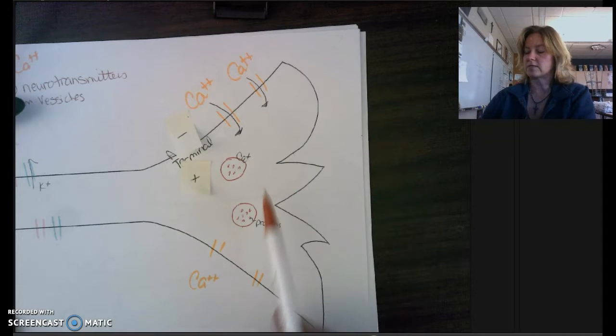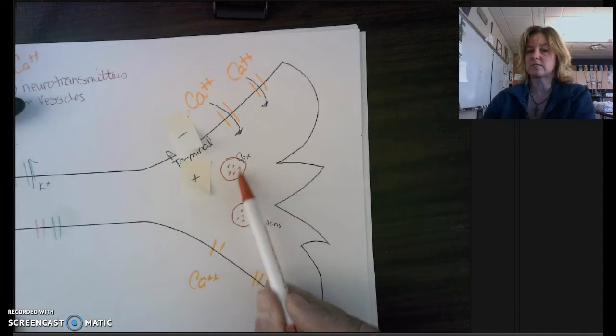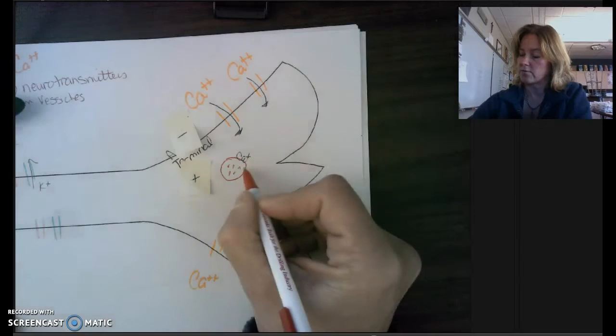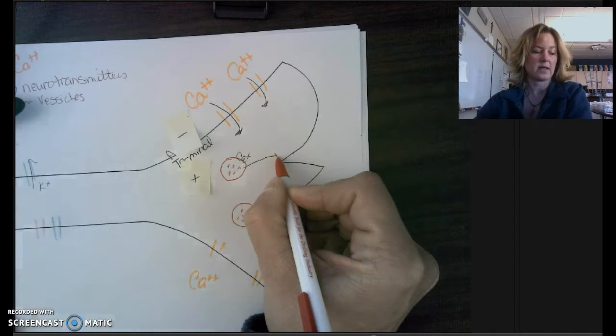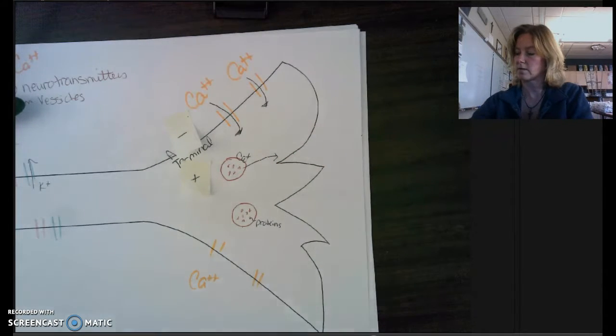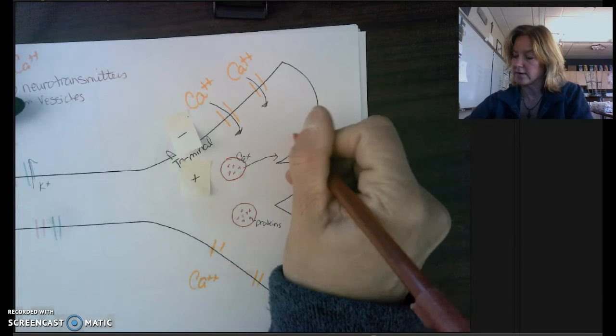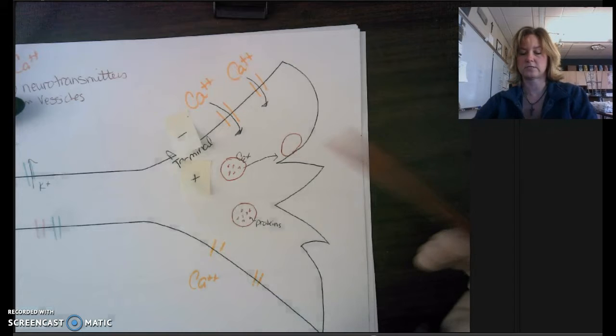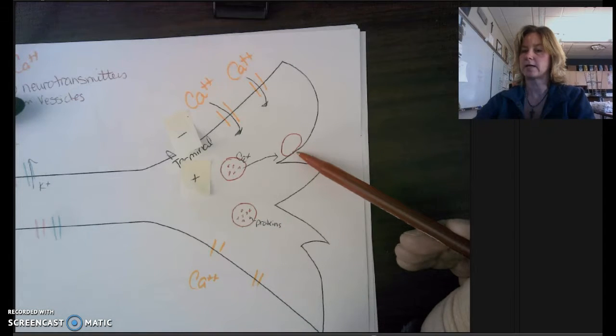Once the calcium ions bind to these vesicles, it is going to cause them to move over to the end, and they are then going to bind with the plasma membrane itself. Now, we did a little demo of this when we stood in a circle and I had the volleyball in my hand.